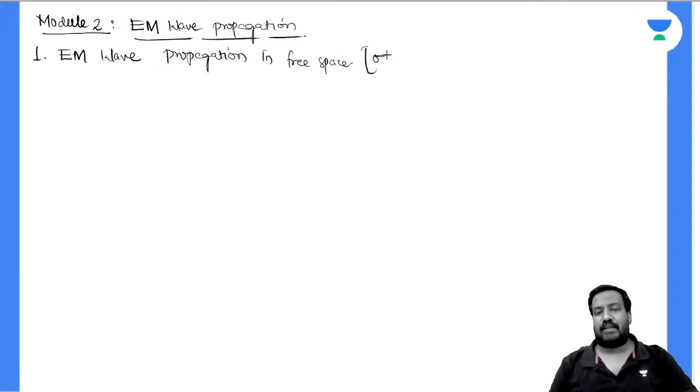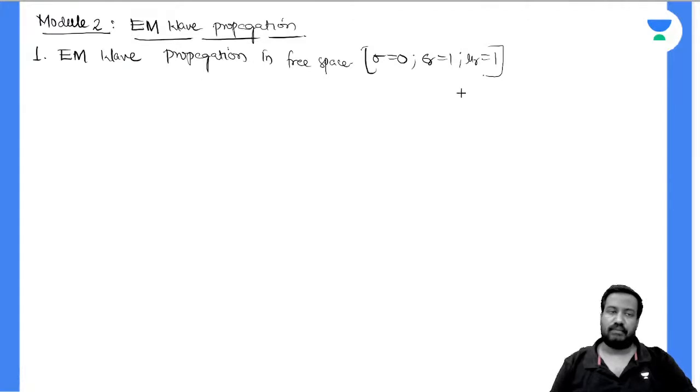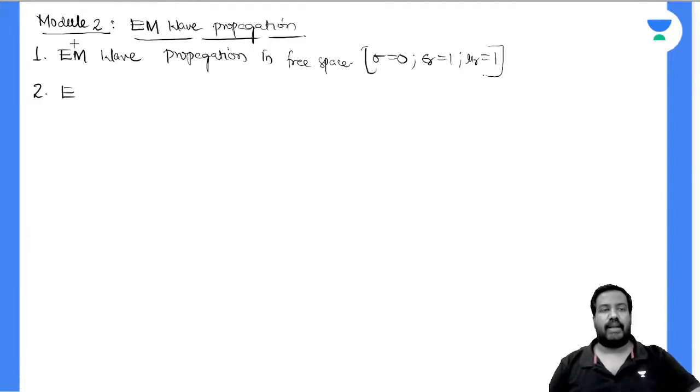Free space means sigma is 0, epsilon r is 1, mu r is 1. Second, in EM wave propagation in free space, we have derived expressions for alpha, beta, velocity and eta.